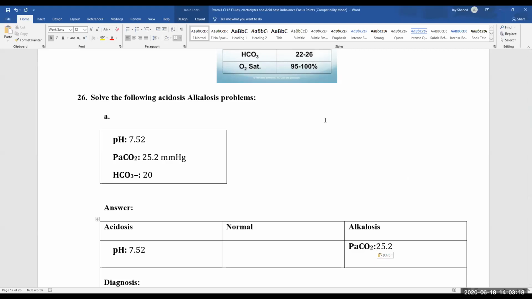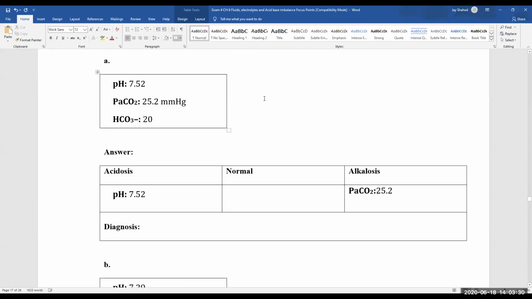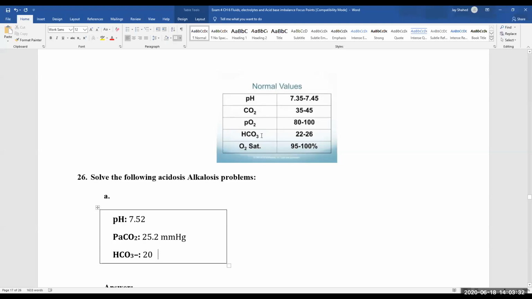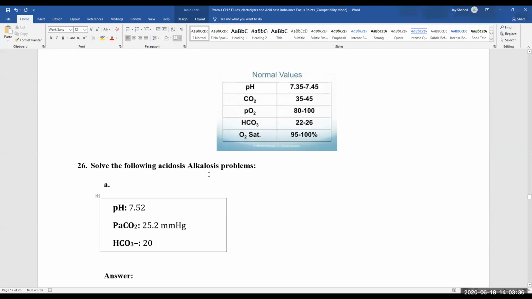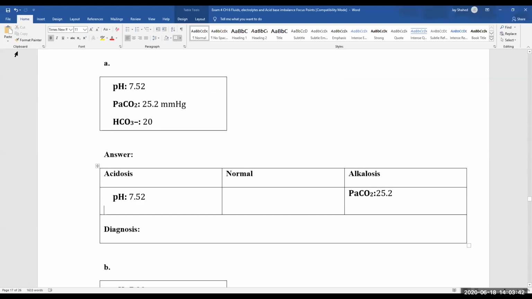The next thing you need to know is this one here. HCO3, 20, is that acidic or basic? Acidic. It's below 22, so you move into the acidic, because anything above 26 is basic. So this one is acidic, so you put that down here.